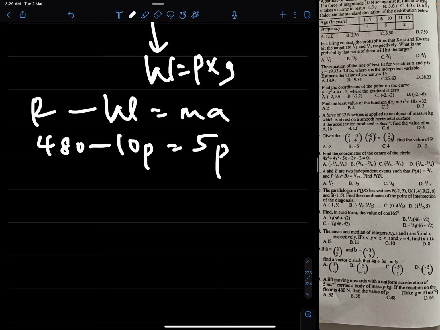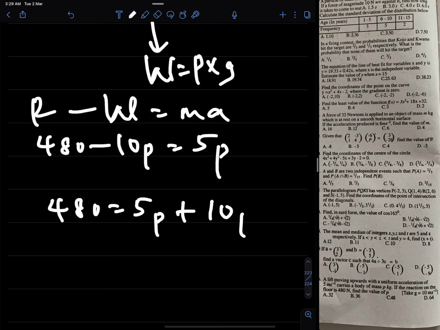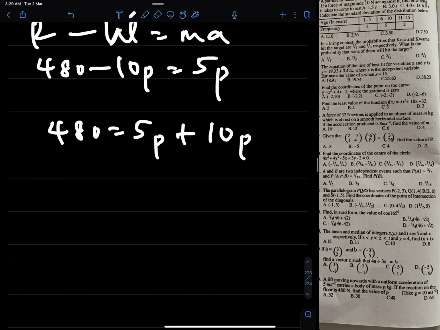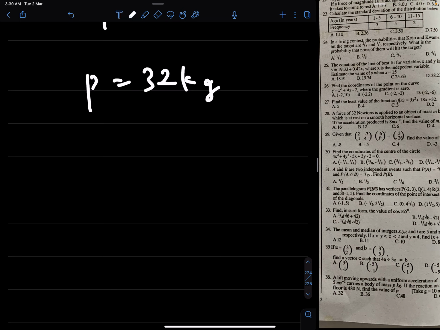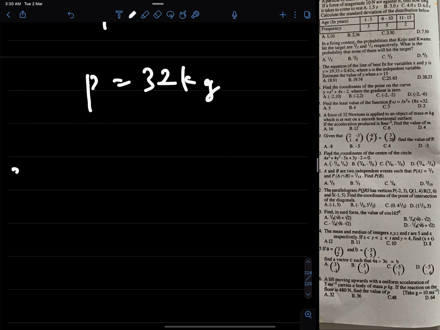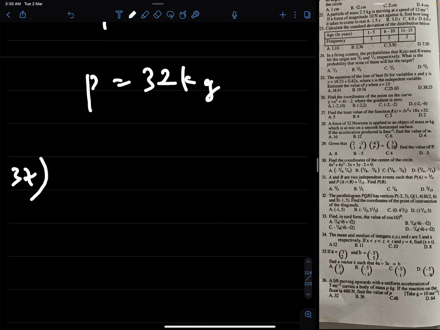That simply means 480 equals 5p plus 10p, which means 15p equals 480, and p is therefore 480 divided by 15, and that's 32 kilograms. I hope that's correct. Yes, that's correct. 32 kilograms, which is option A. And now to the next very quickly.